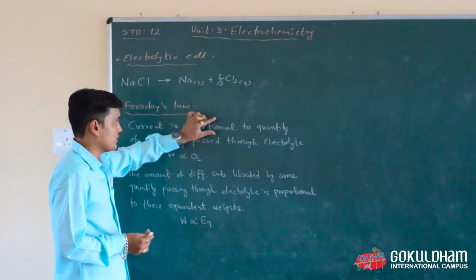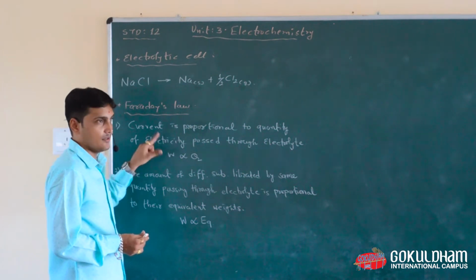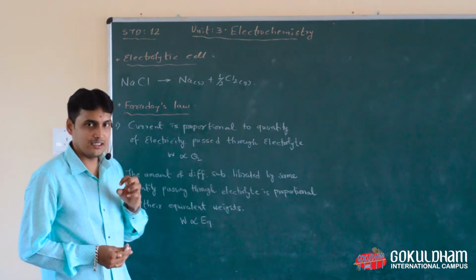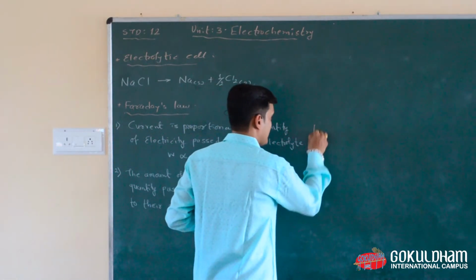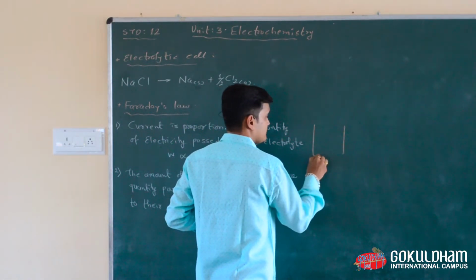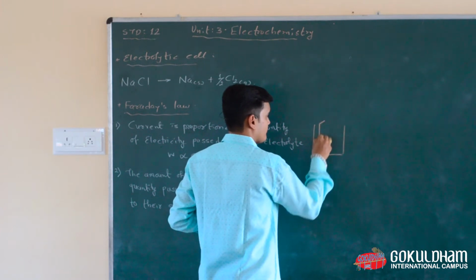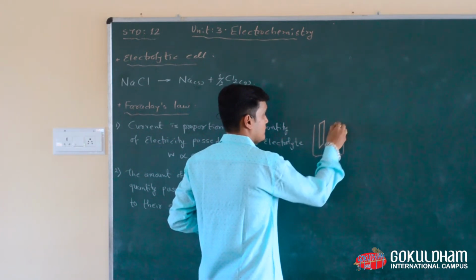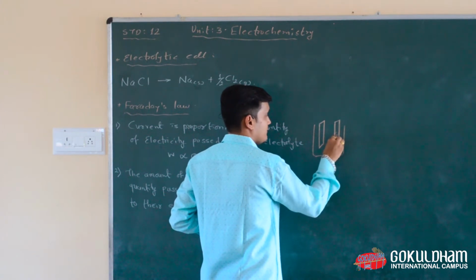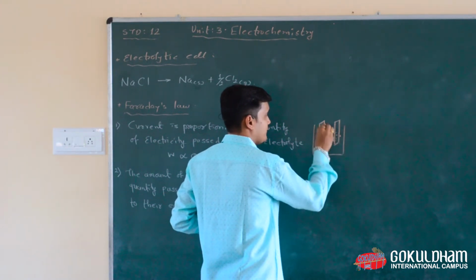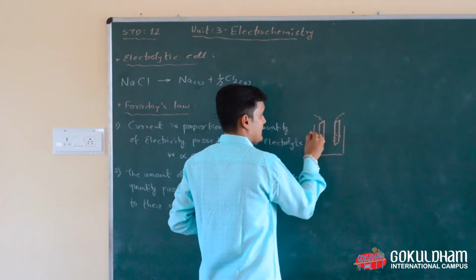That means when you pass electricity through any electrolytic cell, the product forms and is deposited on one of the electrodes.